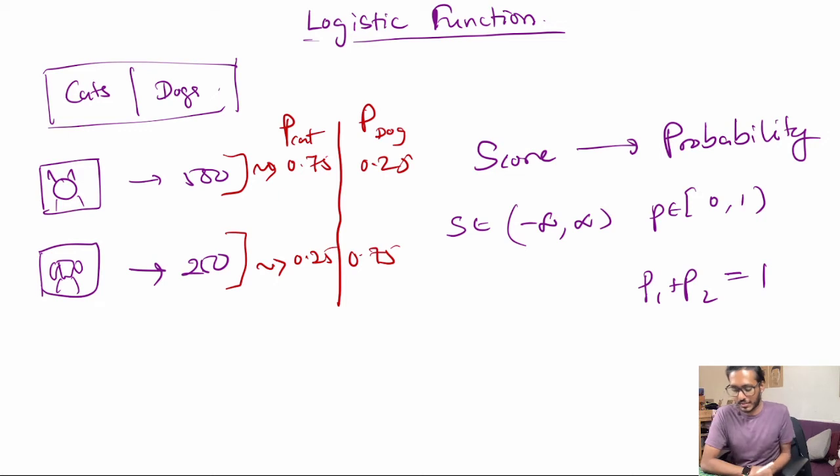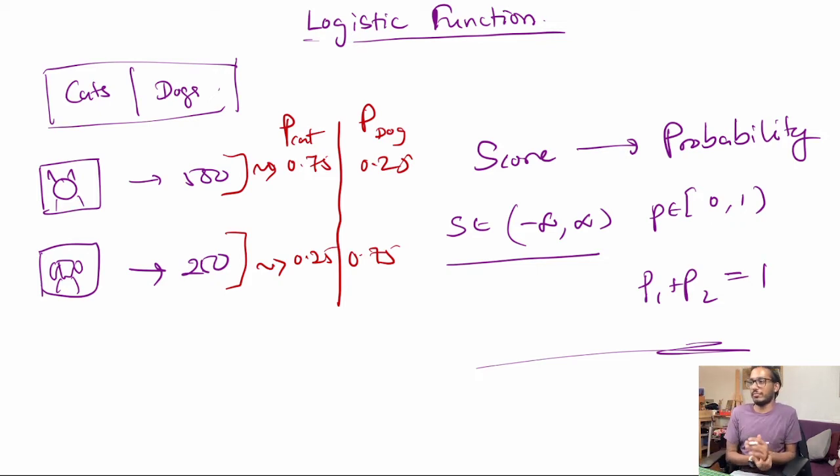So these are the properties we are looking for. So we are going to convert a score into a probability, and that score is between -infinity to +infinity, and we are converting it into a probability between 0 and 1.